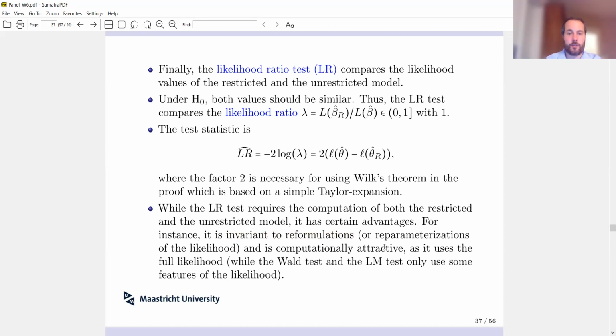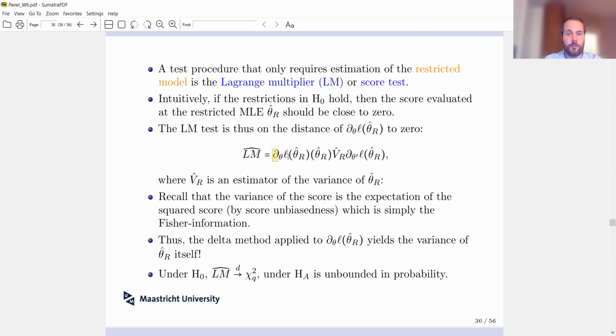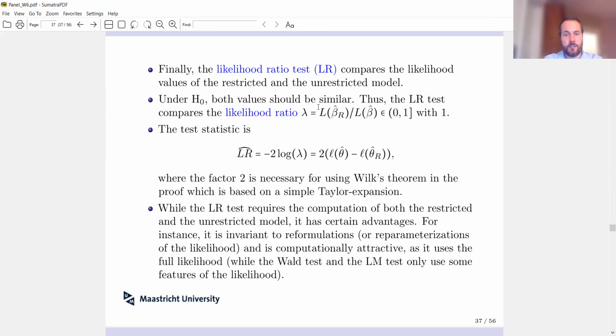Moreover, it's also computationally attractive, because you really use all the information that is captured in the likelihood, whereas the Wald and LM tests only use certain features, for instance only the first derivative and the second derivative. For the likelihood ratio test, you use the full likelihood and implicitly, therefore, all derivatives, if you want.